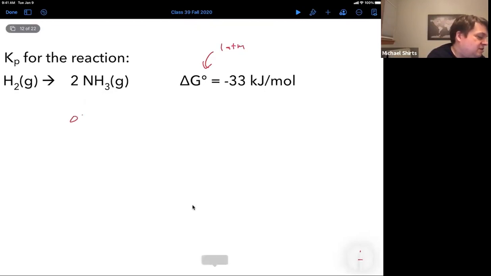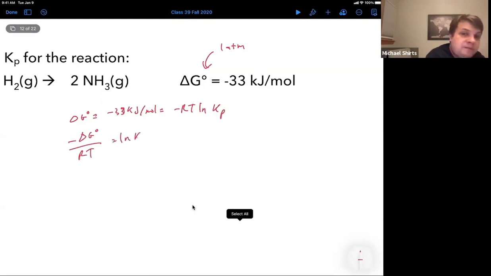And so delta G standard state, equal to minus 33 kilojoules per mole, is equal to minus RT ln Kp. And so we need to just plug in R and T. We know that minus delta G standard state over RT is just going to be equal to ln Kp.